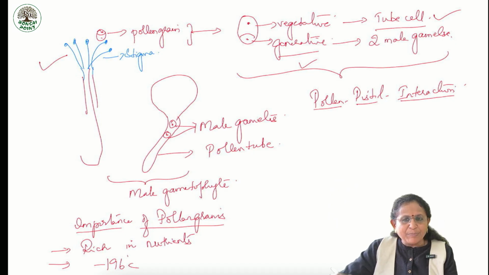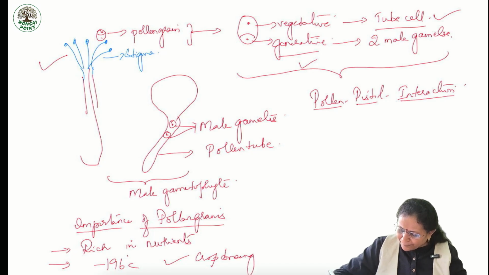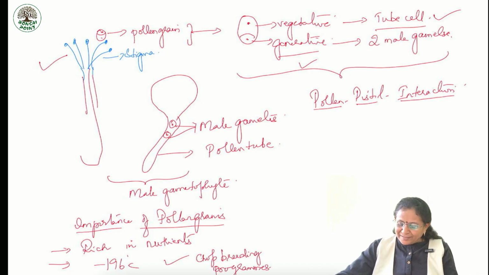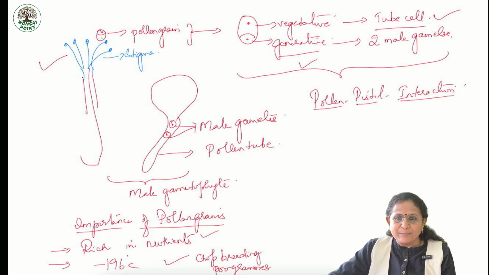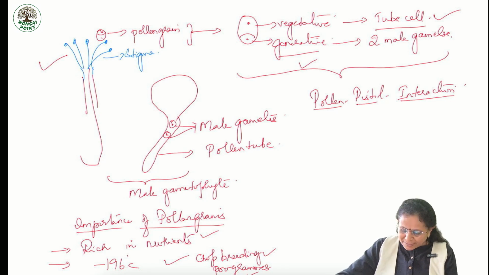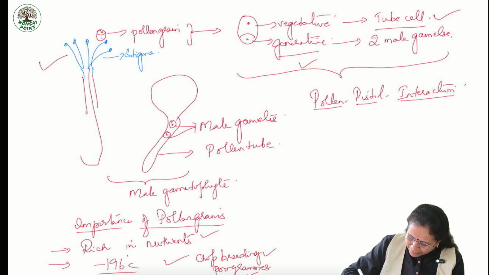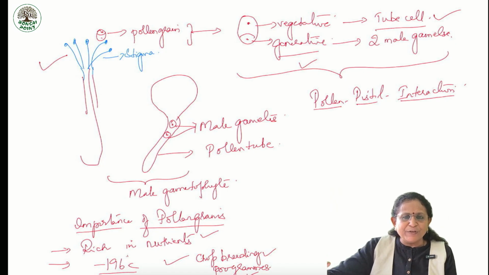It can be preserved and used whenever we want, for example in crop breeding programs. These are the uses of pollen grain: rich in nutrients, used as a food supplement, either in the form of tablets or any other form, and in addition it is stored for years together under cryopreservation conditions, wherein it can be used further.